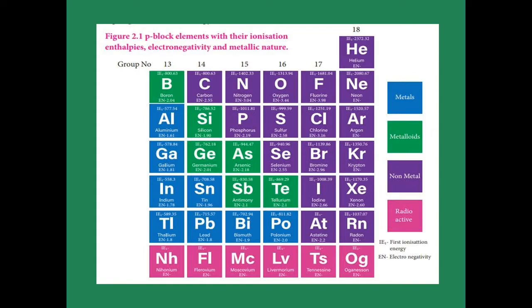In the oxygen family, oxygen, sulfur, and selenium are non-metals, Te, tellurium, is a metalloid, and Po, polonium, is a metal. So group-wise, from non-metal to metal, the metallic character increases. In the halogen family, all are non-metals. In the same way, in inert gases, all are gases, so they are non-metals.